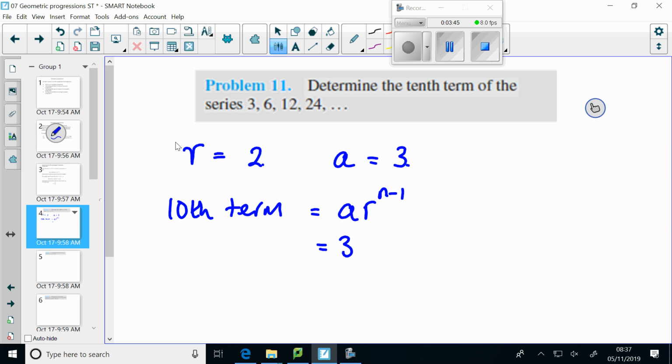So it's 3 times 2 to the power of 9, which is 1,536. So it's fairly easy given the formula.